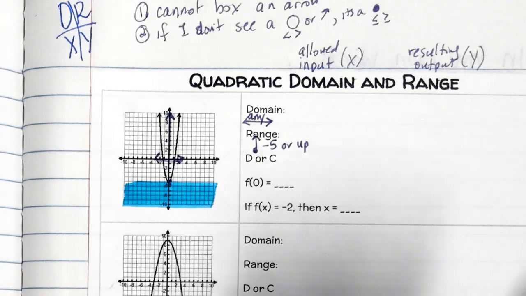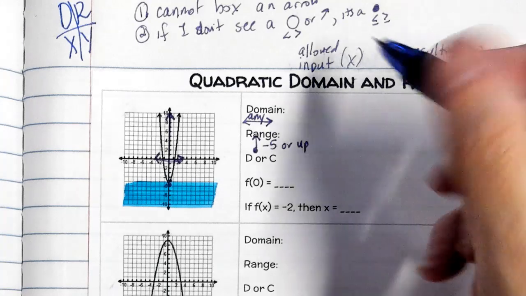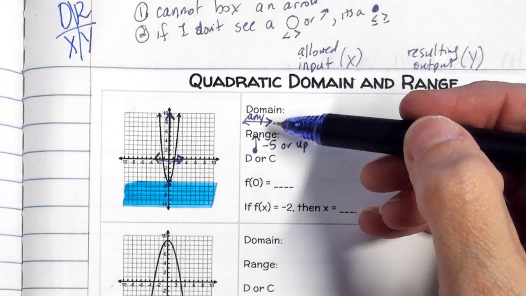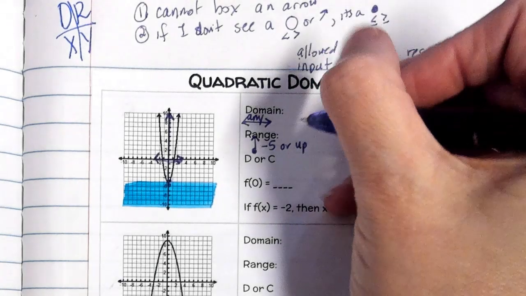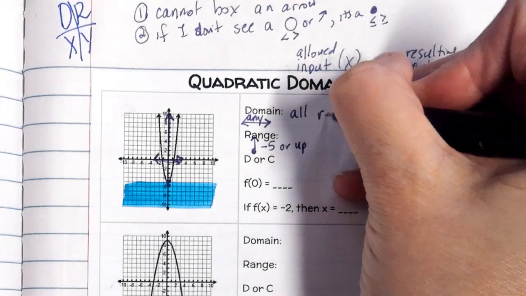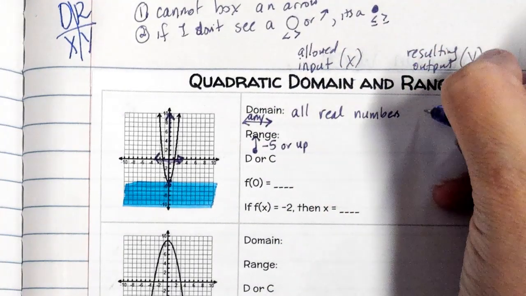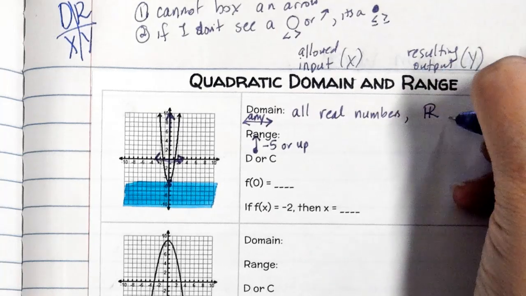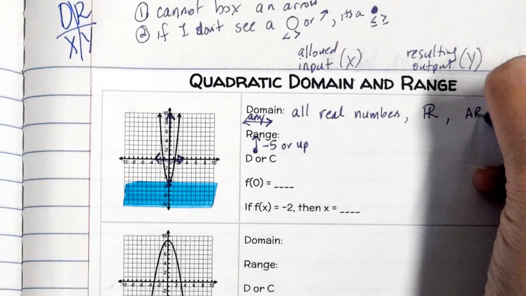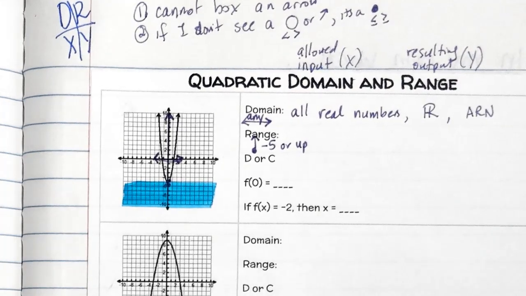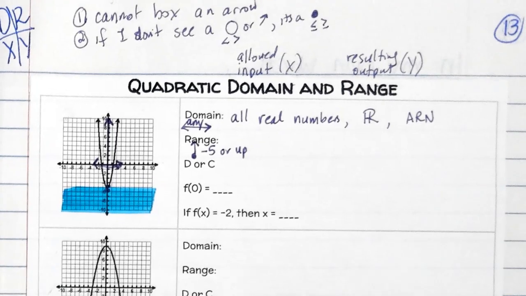All right? So how would I write that? Well, how do I write any number? Well, we write that as all real numbers, or fancy R, or ARN, whoopsie, let me move that a little bit. We write it as all real numbers because that means I can put anything into this function.